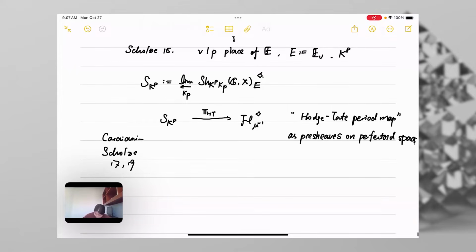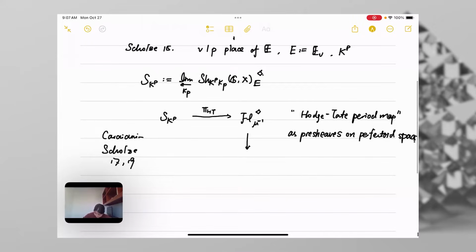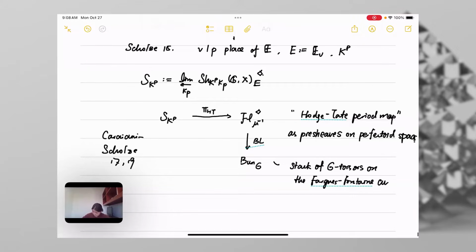This stratification comes from a map from the flag variety to the stack of G-torsors on the Fargues-Fontaine curve. This map is usually called the Bhatt-Lurie... Beauville-Laszlo map, and the stratification comes from the natural stratification on Bun_G corresponding to the isomorphism classes of these G-bundles.